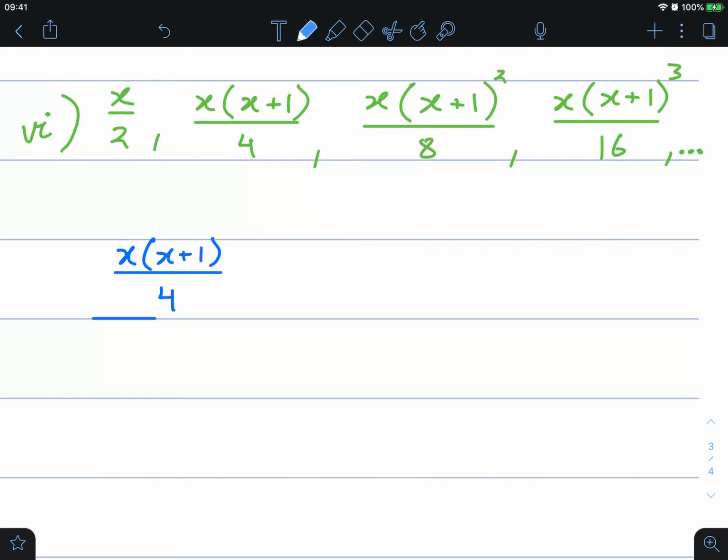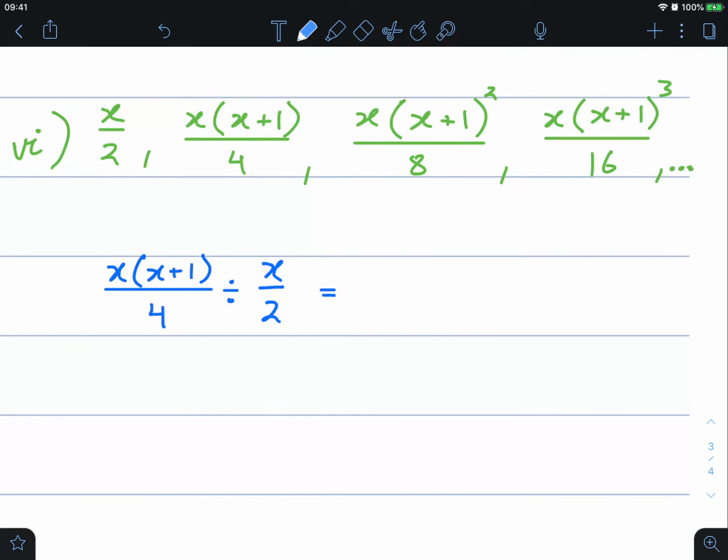And instead of dividing this by the previous with a fraction, I'm going to write this as divide. Divide the previous, x over 2. And this should equal the following term, so x outside of x plus 1 squared all over 8 divided by the one that we've picked.